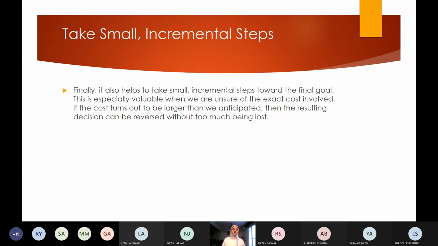But if we have paid for the tickets, it is lost, so don't pay for the tickets until you are sure. It is not like going to exercise or going to Claire's. No, it's a bigger decision. In bigger decisions, we have to take small steps. Okay?